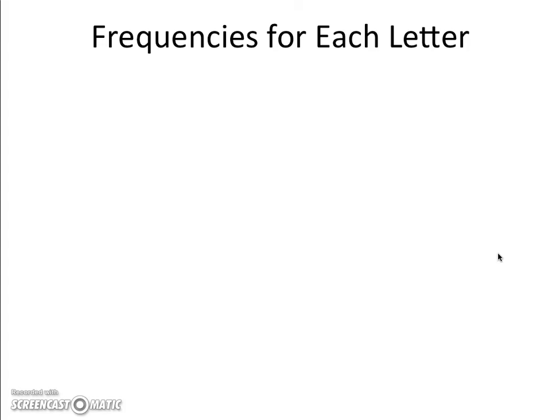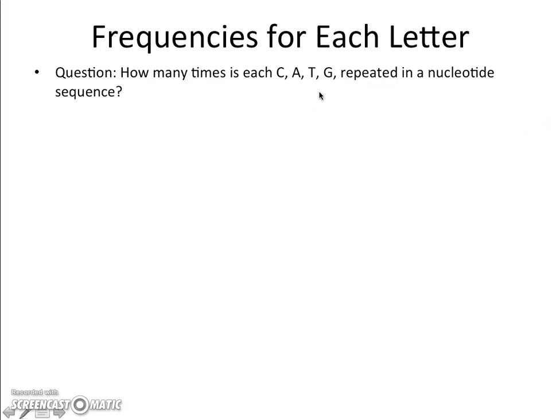Now, the type of questions that are relevant in probability are questions that pertain to counting, and specifically counting repetitions. If we're interested in the so-called frequency, how many times something is repeated, we are here in the context of keeping a head count of the repetitions of each of these bases.